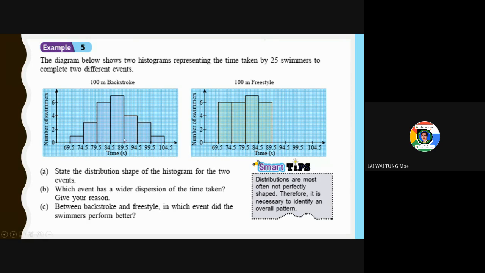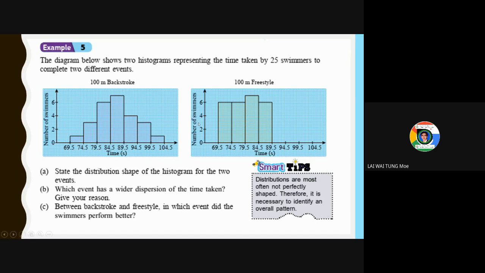So if you look at both histograms, you can see that the swimmers in the freestyle event perform better, because most of the students get a faster time compared to the swimmers in the backstroke event. So you can conclude that the swimmers in the freestyle event are better.